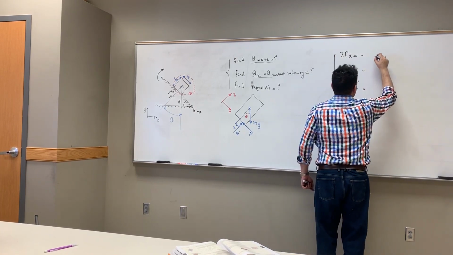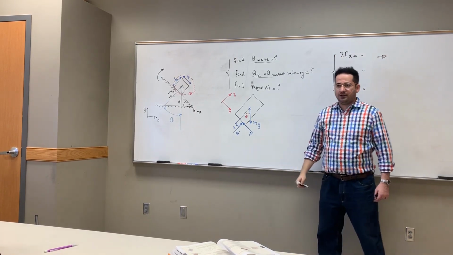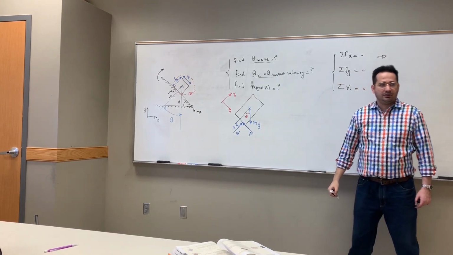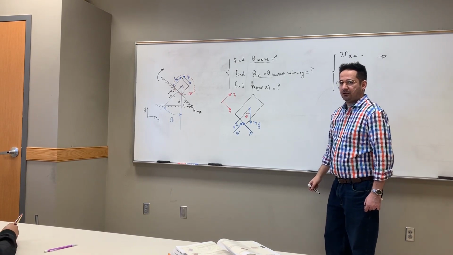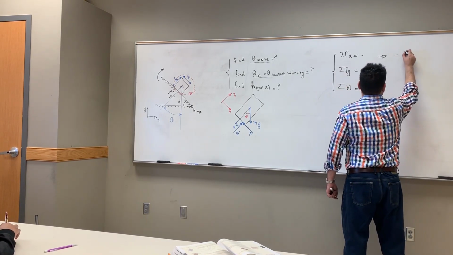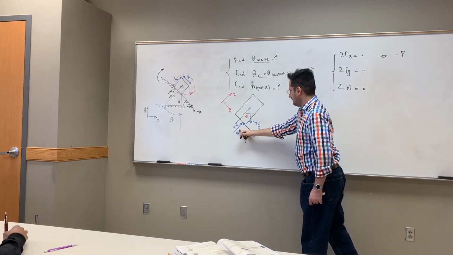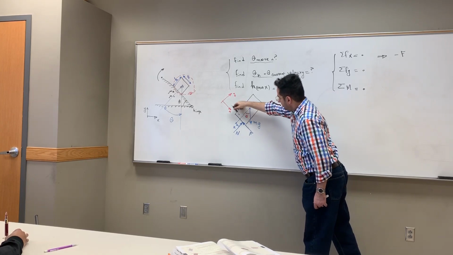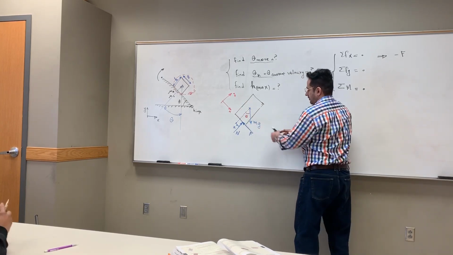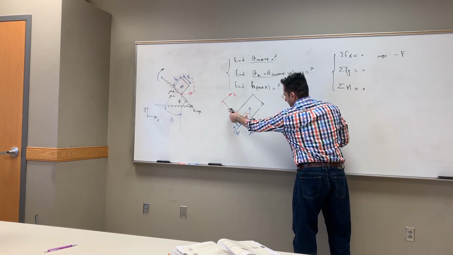So the first equation, let's start with F. What should I write? Negative F. Then go to this guy, 0. You see, this is X. This has a component in the X direction. So what's the component of this guy in the X direction?